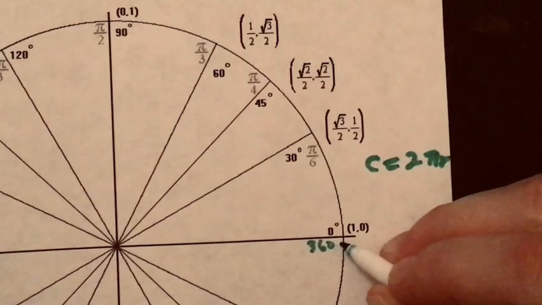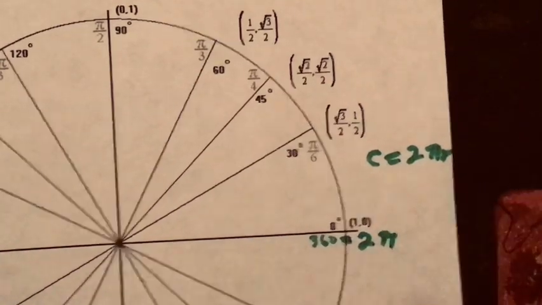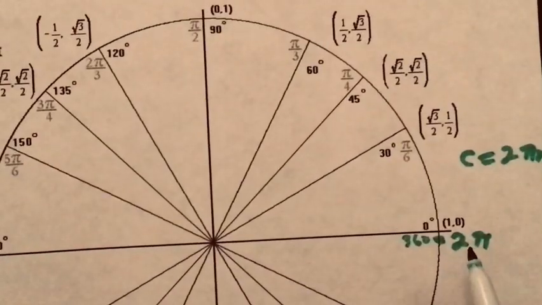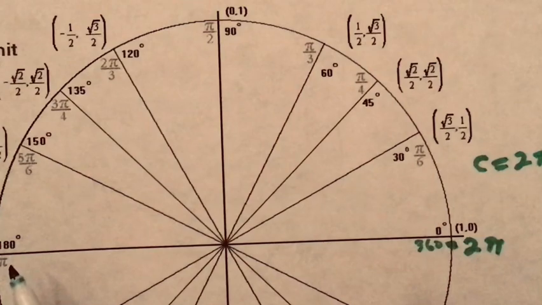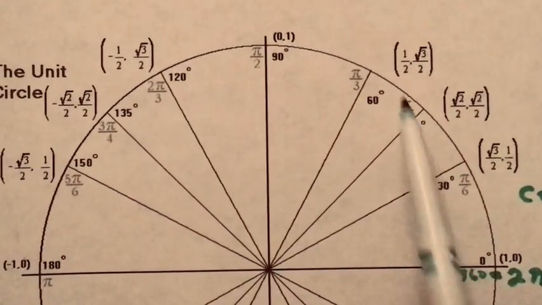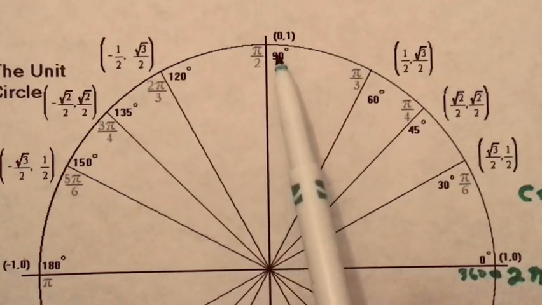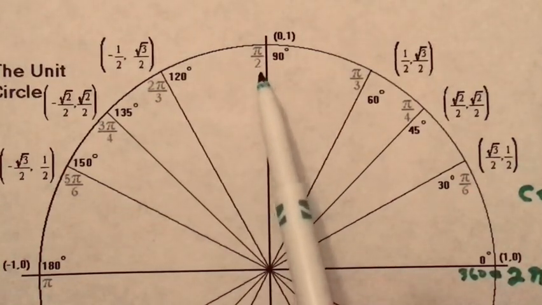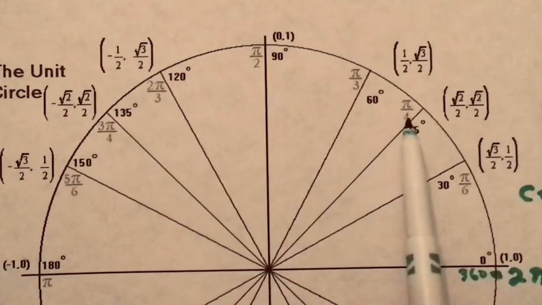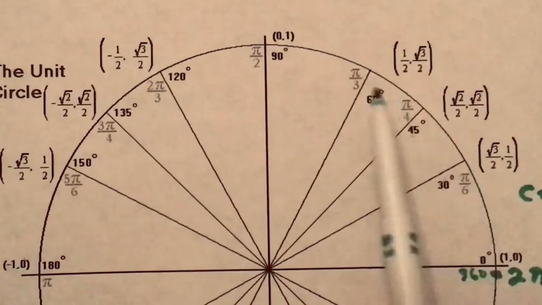So 360 degrees is equal to 2 pi radians. If I only go halfway around the circle, that's pi radians. Half of this is 90 degrees, so that's pi over 2. Half of a half, I'm at 45 degrees, or pi over 4. And then we've got some other ones here, pi over 6 and pi over 3.